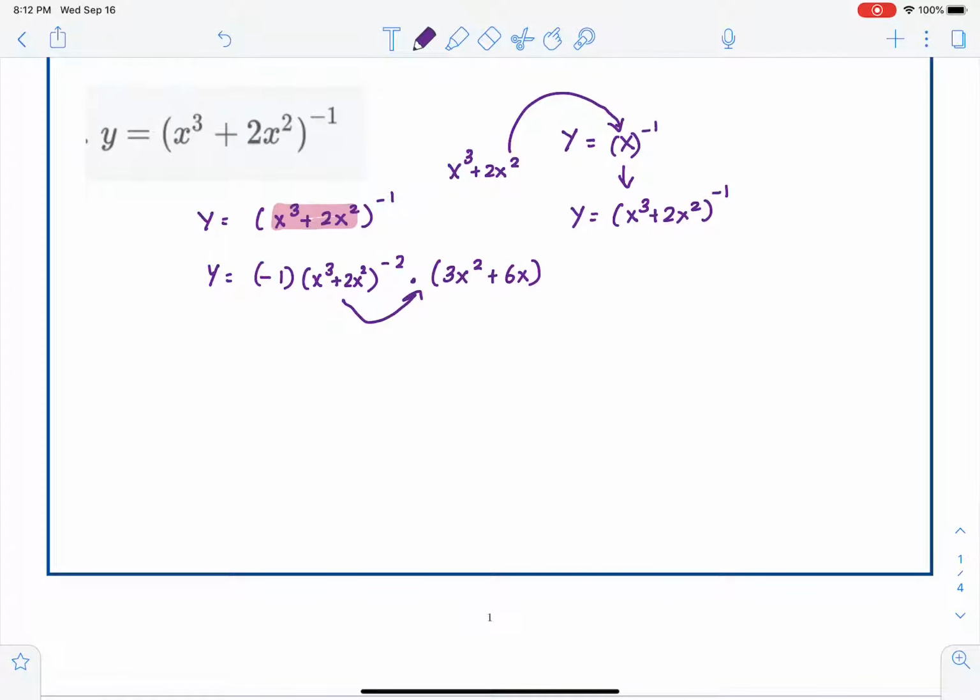We have a common factor of 3x between the two terms. If we pull that out, we have minus 3x multiplied by x cubed plus 2x squared raised to negative 2.